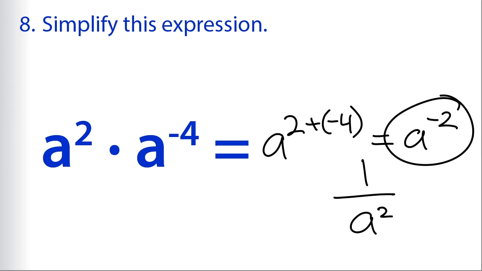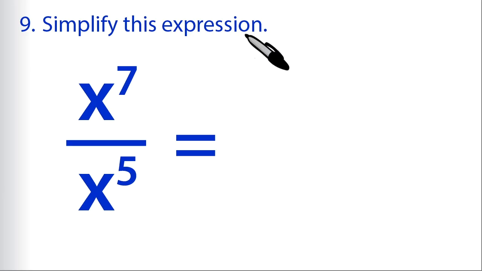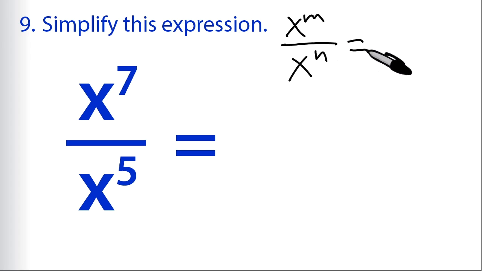For problem 9, we're told to simplify this expression, and we're given x to the 7th over x to the 5th. So remember, we have a law for that, which is x to the m over x to the n equals x to the m minus n. And so this just means that the bases are all the same, but the exponents can be different.